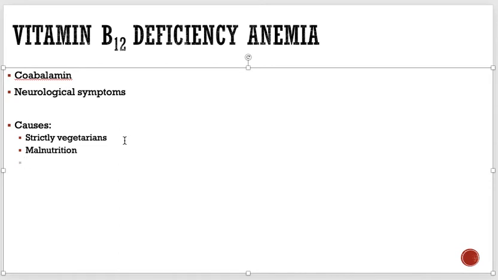Now, what happens in some patients is an autoimmune condition in which autoantibodies destroy the gastric parietal cells.